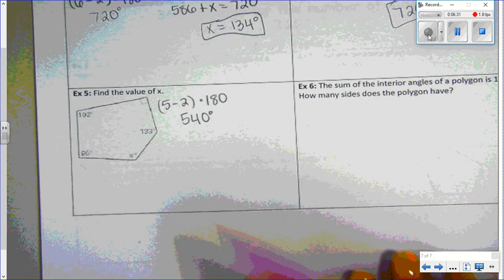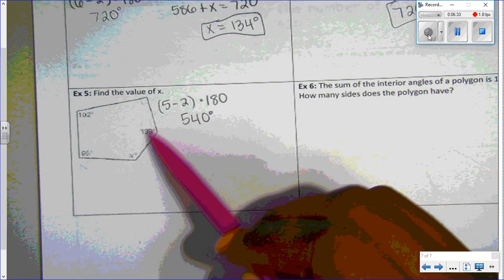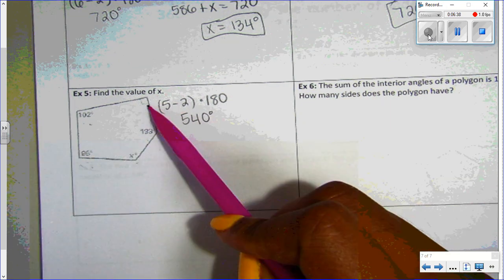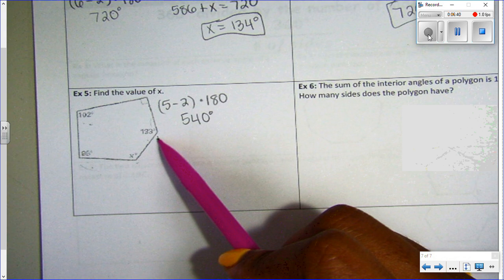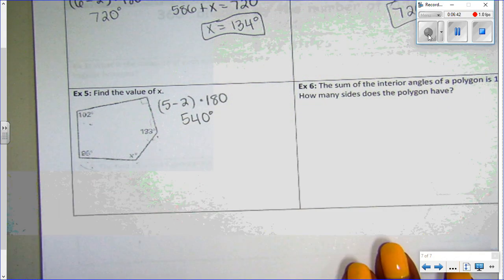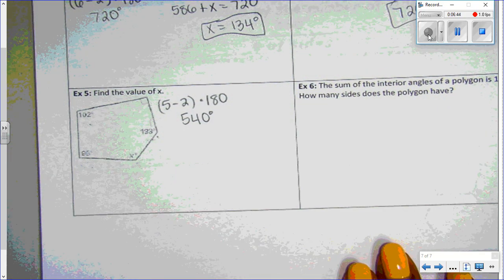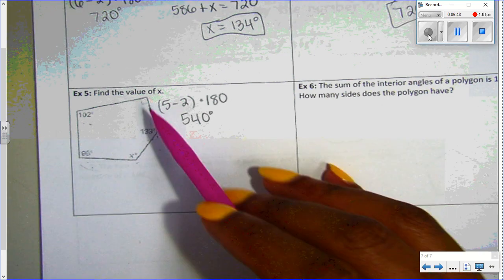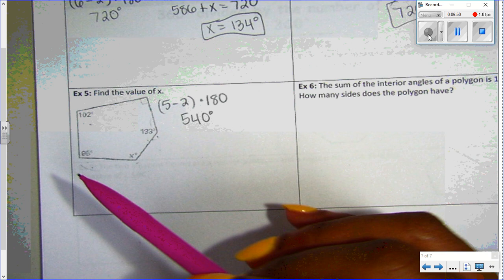So now they've given us 4 out of the 5 angles. We have a 95 degree, 102 degree, 90 degree, and it looks like 133 degree angle. And then we have our x. So we know we have to add up all of these, and they have to add up to 540.